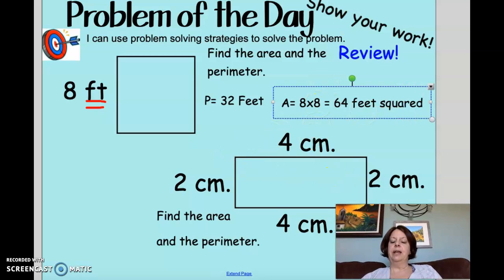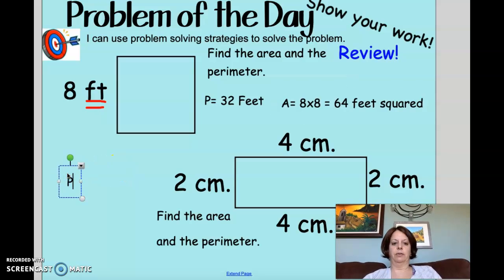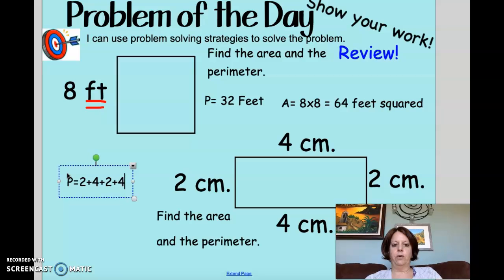Okay, now we have this rectangle down at the bottom, and we have one side that's 2 centimeters, and then the length is 4 centimeters. So to figure out the perimeter over here, the perimeter would be 2 plus 4 plus 2 plus 4.